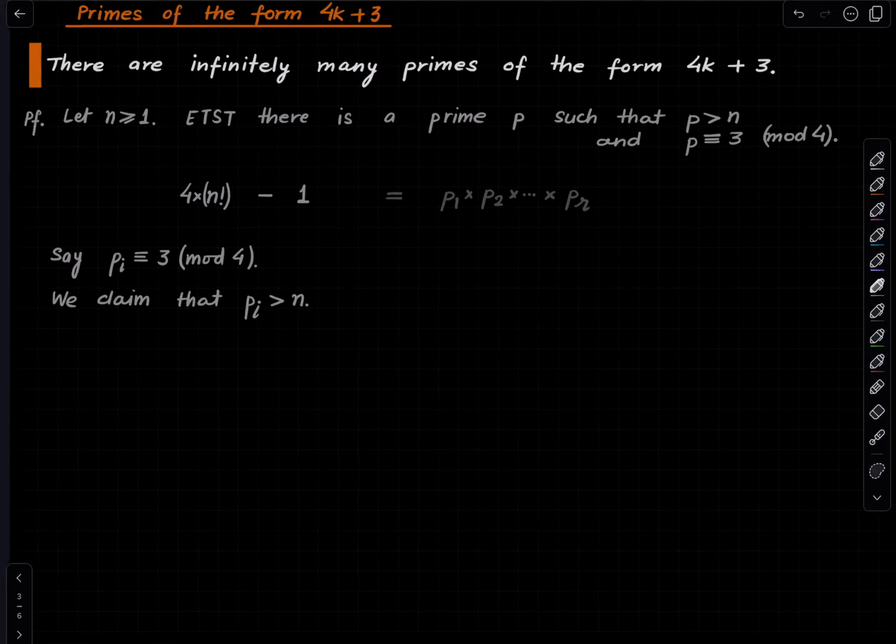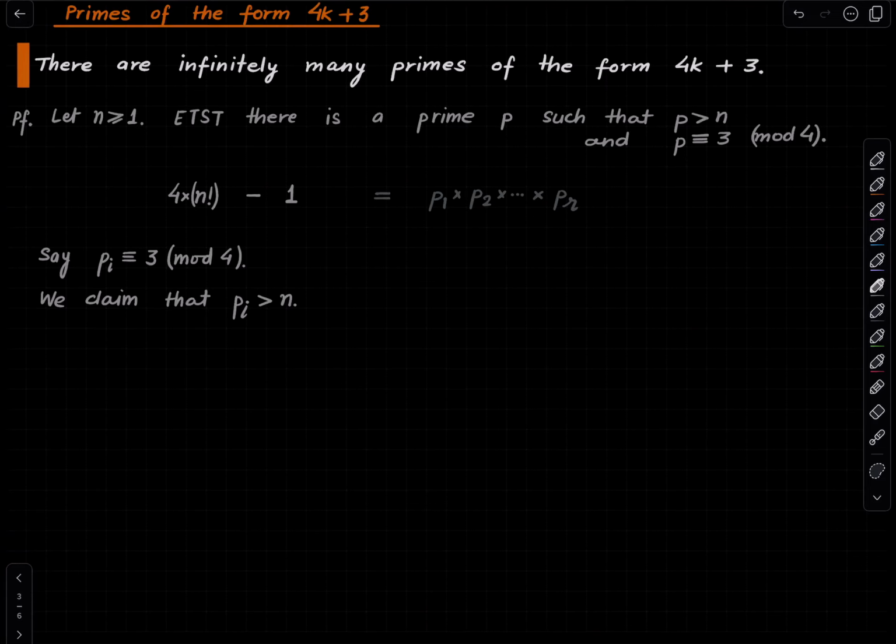So why is this? Well, the proof of this is, suppose not, then pi is less than or equal to n, and hence pi divides the left hand side.